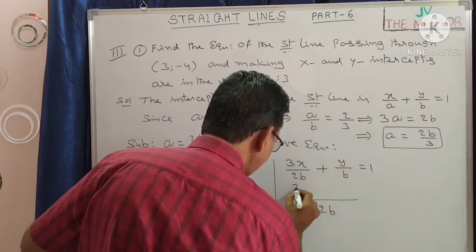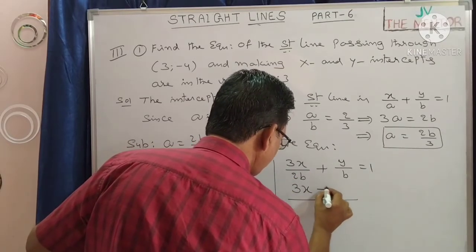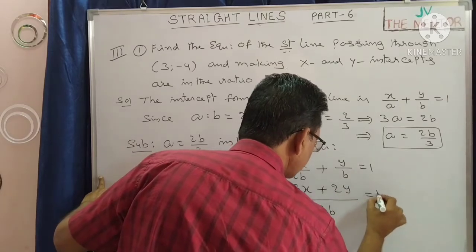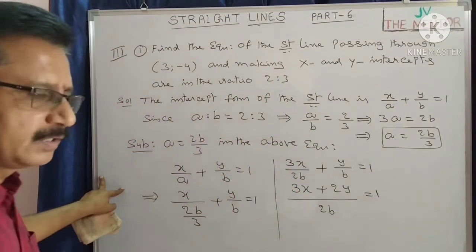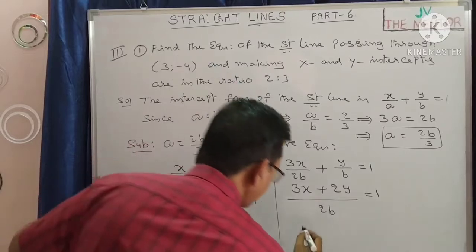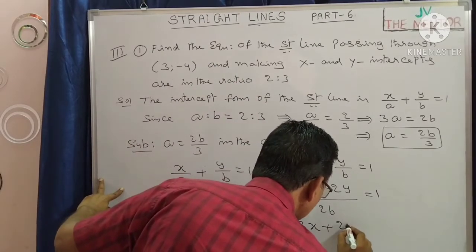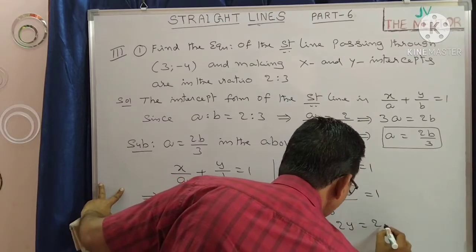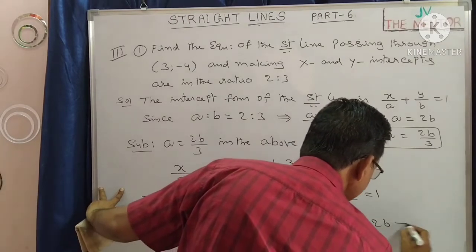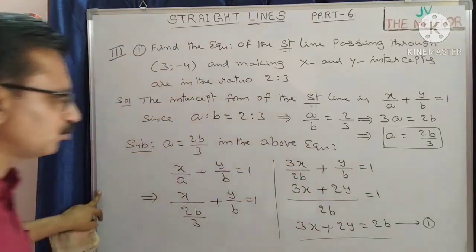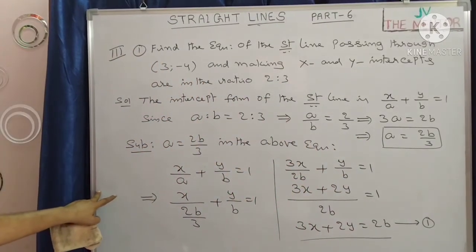So here 3x plus 2y equal to 1. Now cross multiplication చేస్తే 3x plus 2y equal to 2b. This is the equation number 1.